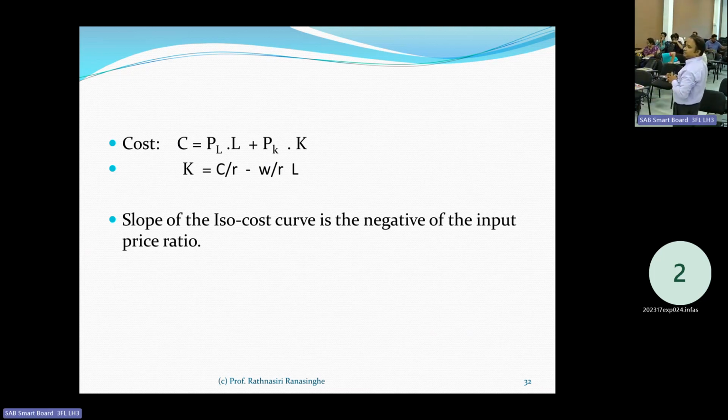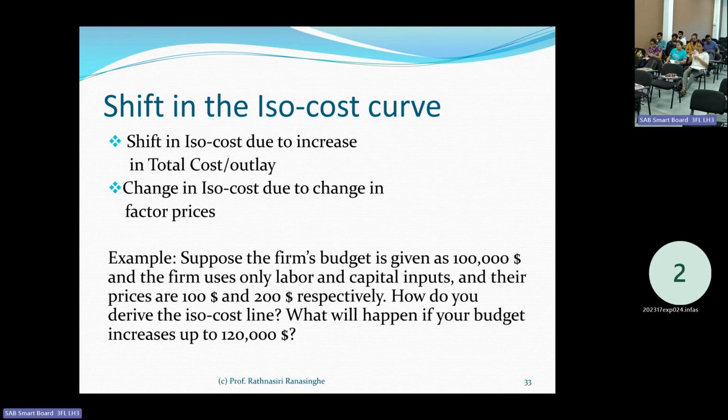So far in our discussions, we talked about the isoquants and the isocosts. So now with that, we are moving ahead.